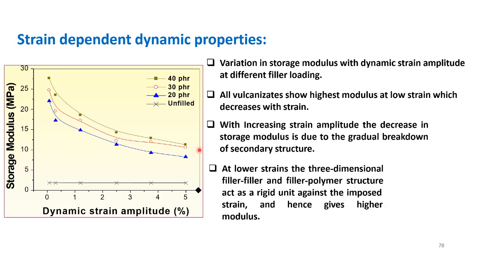This is because of the gradual breakdown of the secondary structure. So we can also predict the property of the material at higher strain rate, which can also be checked with the help of Tg.